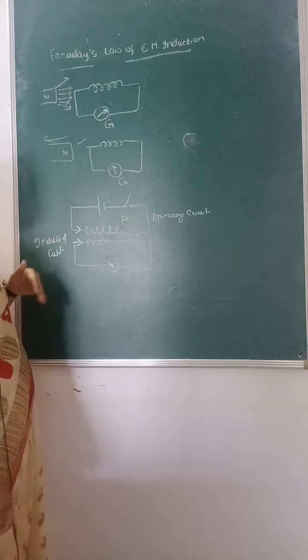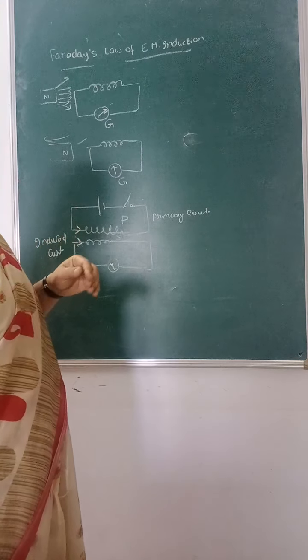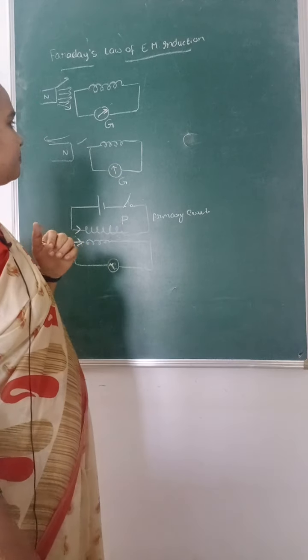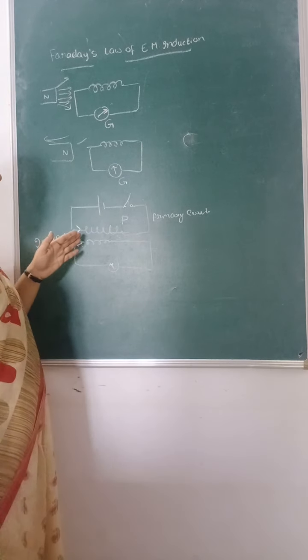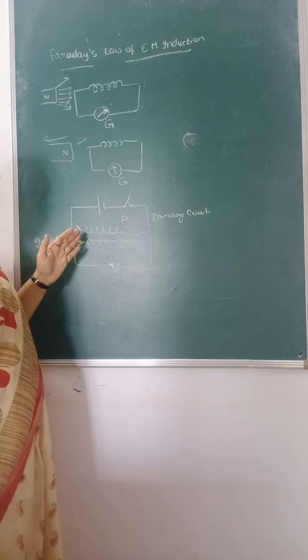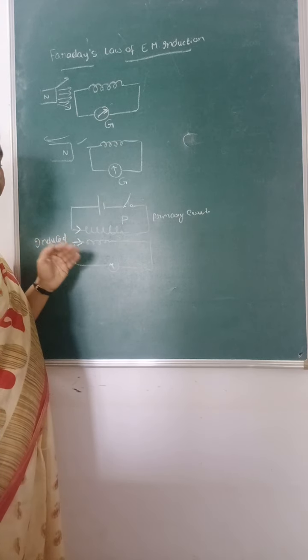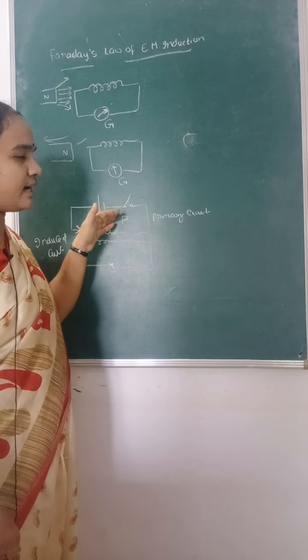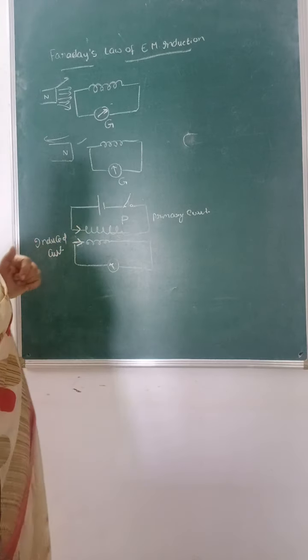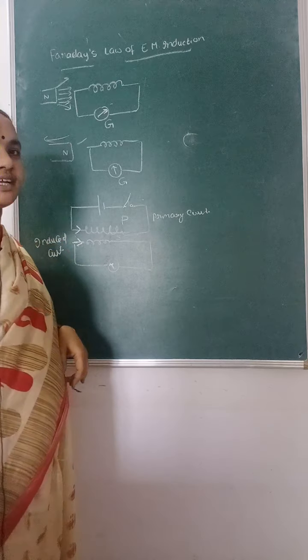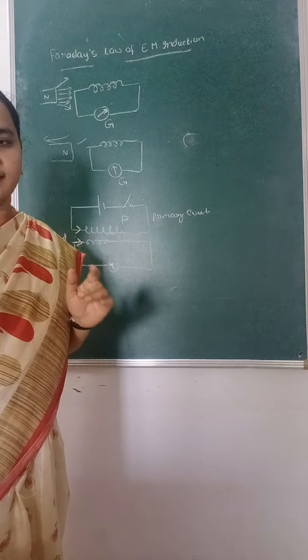If the north pole is moved away from the coil, the deflection is reversed. Similarly, in the second experiment, an induced current is generated in the secondary circuit depending upon the current in the primary circuit. These are the two main demonstrations for Faraday's law.